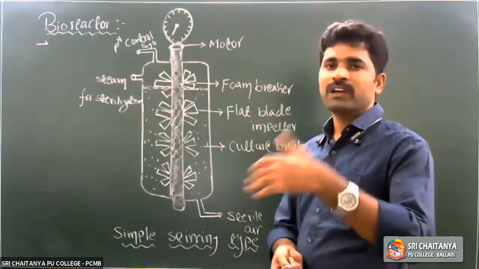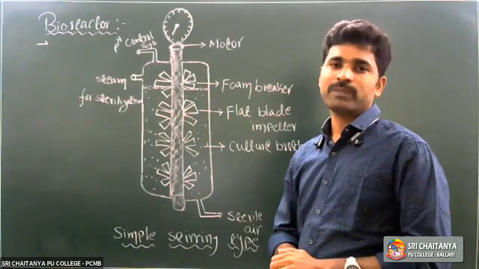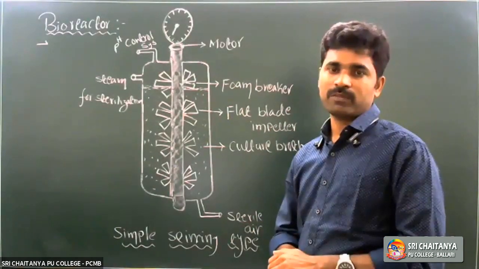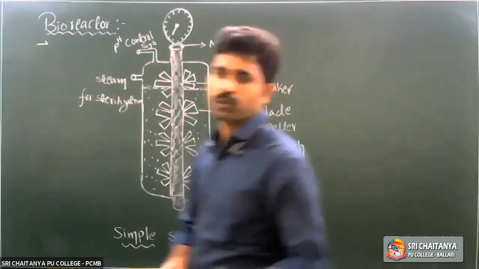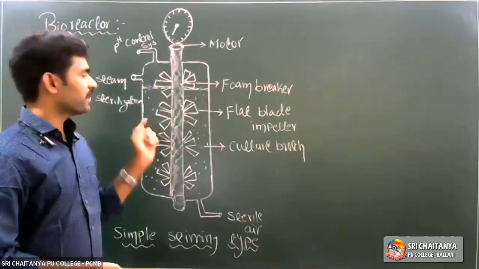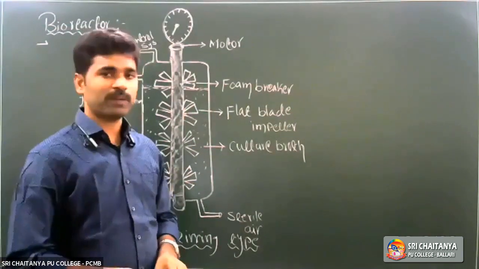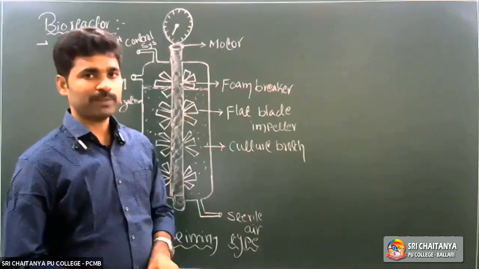For example, after 1 hour, how many bacterial cells are formed for 1 gram, like that, to check the bacterial growth. So periodically we withdraw that raw material from the bioreactor through the sampling port.